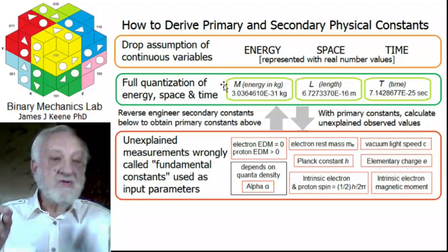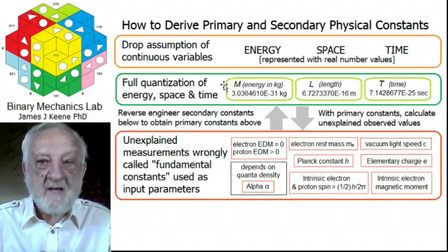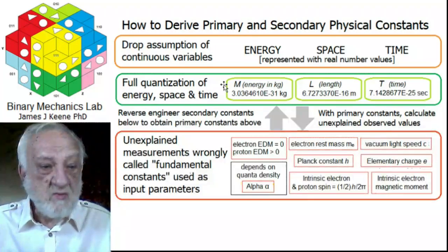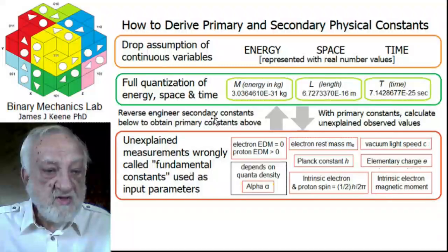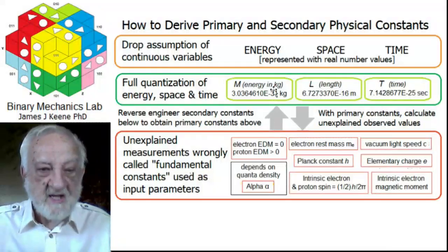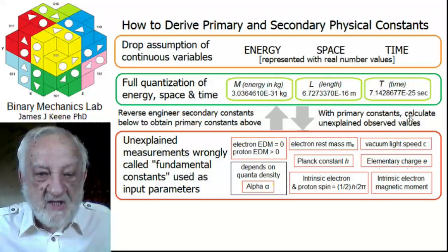And our character hasn't had to use any health packs or stim packs because we haven't taken any damage. And so let's proceed. We've reverse engineered the secondary constants below to obtain primary constants above. And then with those primary constants, we can calculate the unexplained observed values.